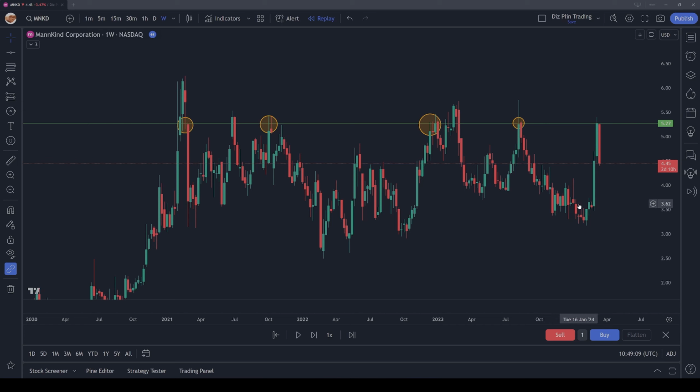So the people buying in this area, let's highlight it. People purchasing in this area here saw a key level of support. Let's draw the line.